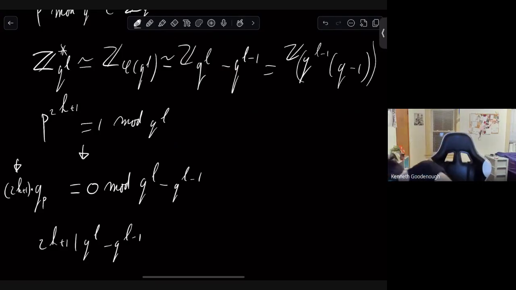Let me be lazy and just check this real quick online. Divisor mod n. Yes, okay, this was indeed correct, what I said.